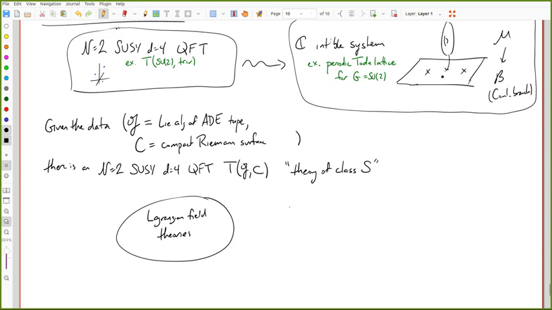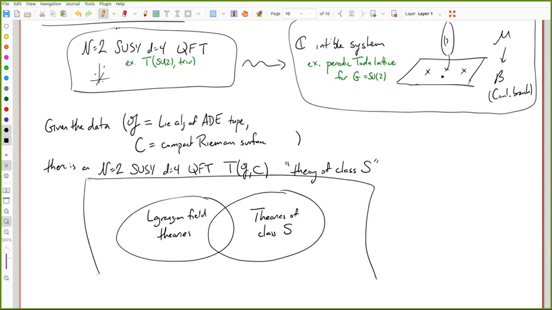And then there's, well, I don't know qualitatively how big the overlap should be. So maybe it's something like this. Here's the theories of class S. And then here's all the N=2 theories.